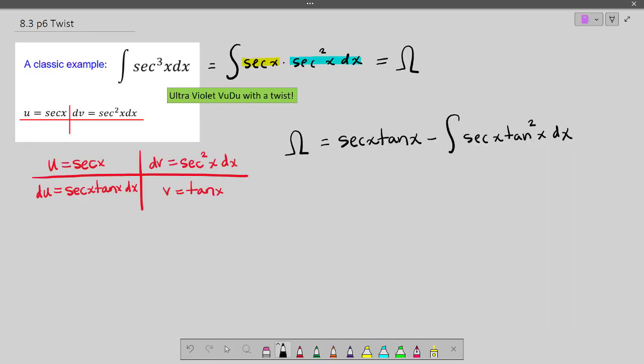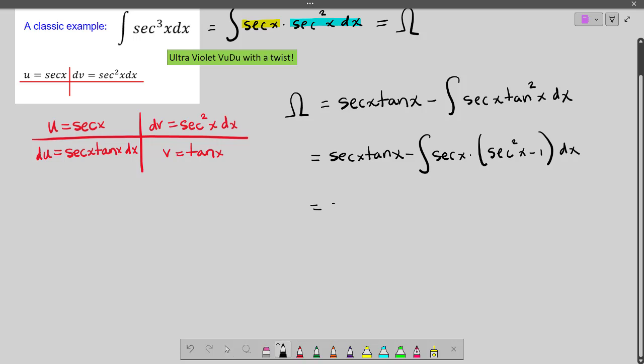So the strategy here, we have a product, it's not working. The power on secant's odd, not even. Power over here is even, not odd. So I'm just going to convert these tangents. So we know that tan squared is secant squared minus 1. So we have that.